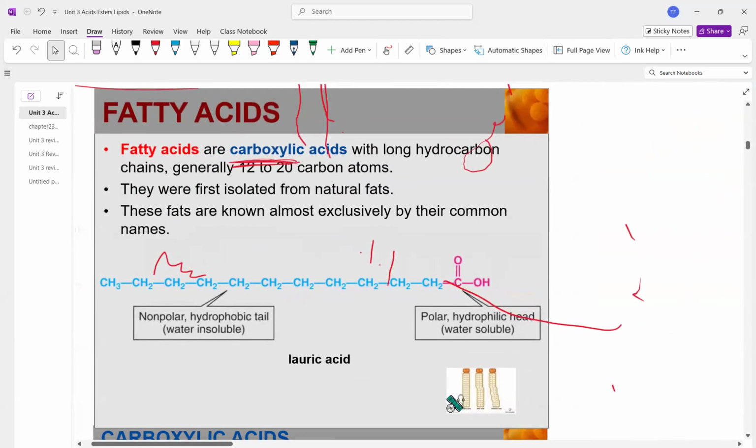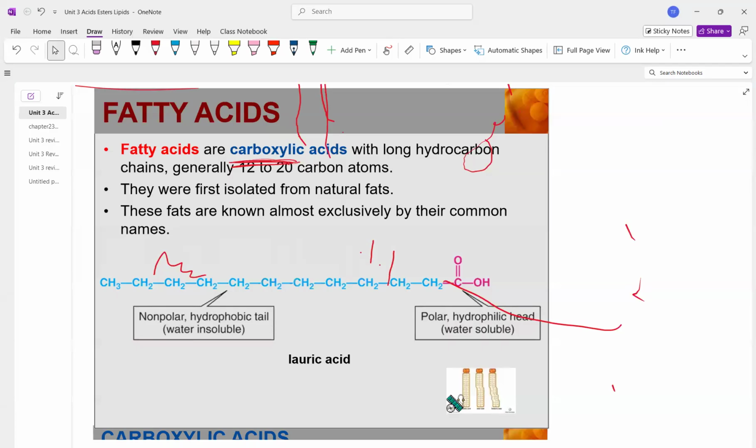I'm sure most of you have heard of the term fatty acid. Those are really long organic acids that are usually associated with cellular membranes and triglycerides, which is basically another term for fat.